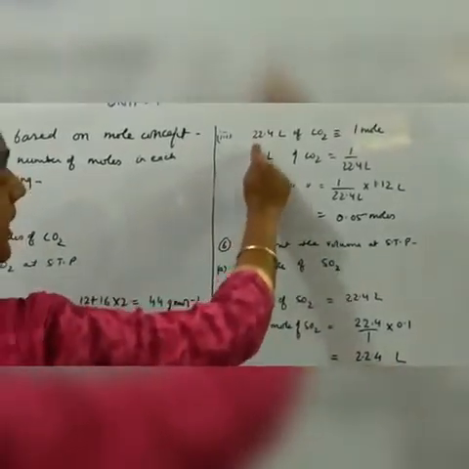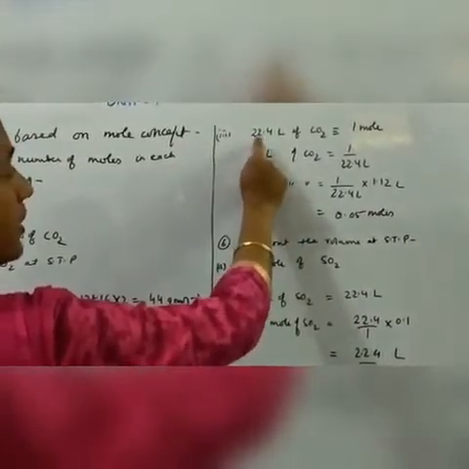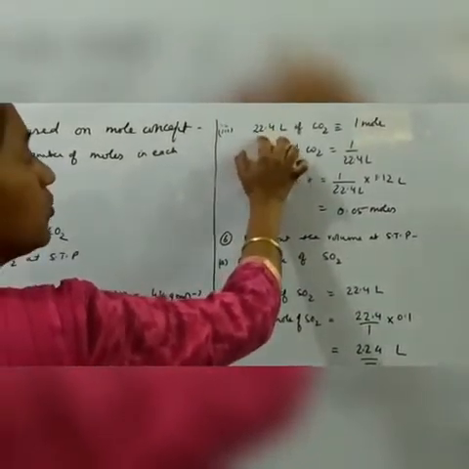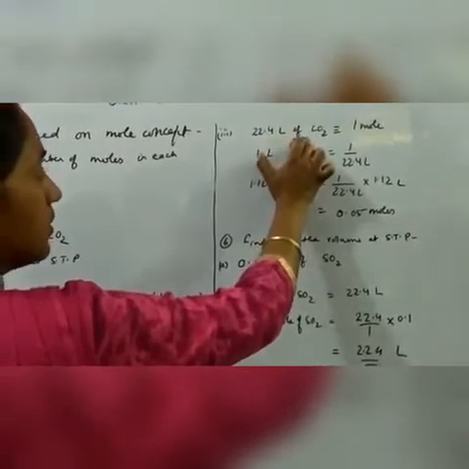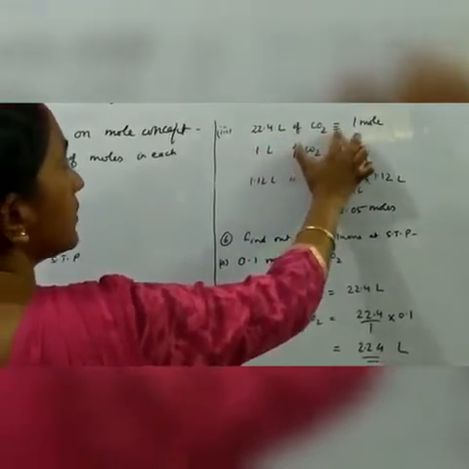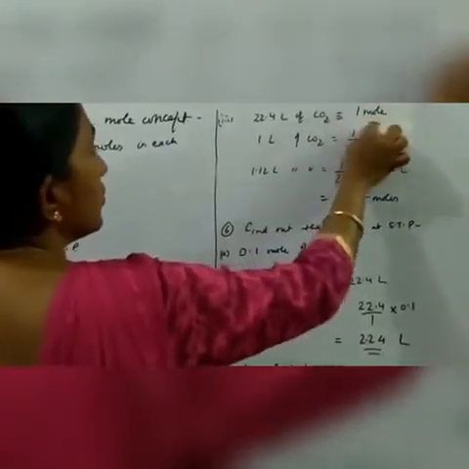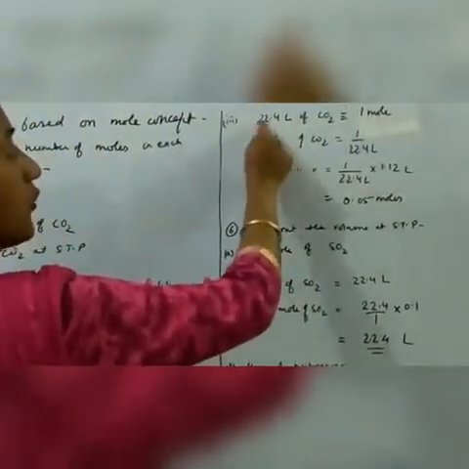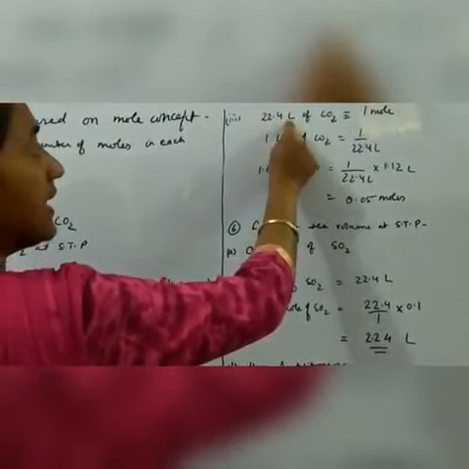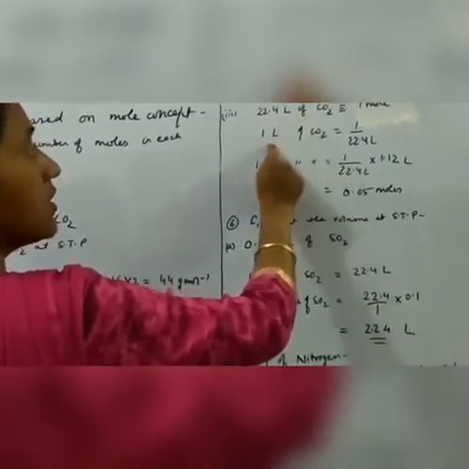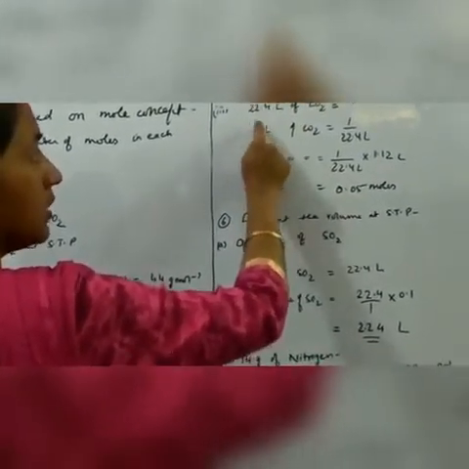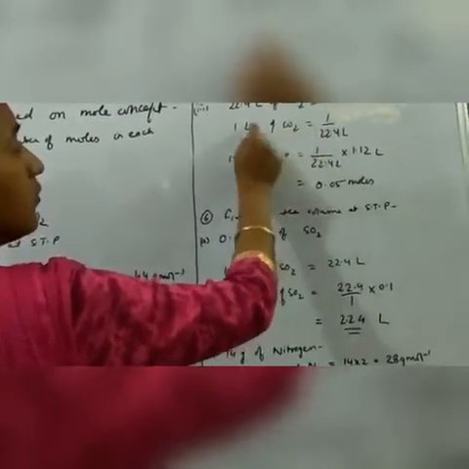We know that at STP, 22.4 liters of CO2 is equal to 1 mole, or we can say that 1 mole of CO2 has a volume of 22.4 liters at STP. So what will be the mole for 1 liter?